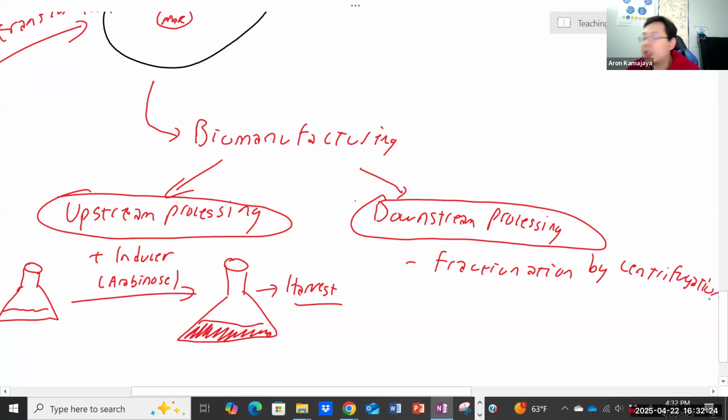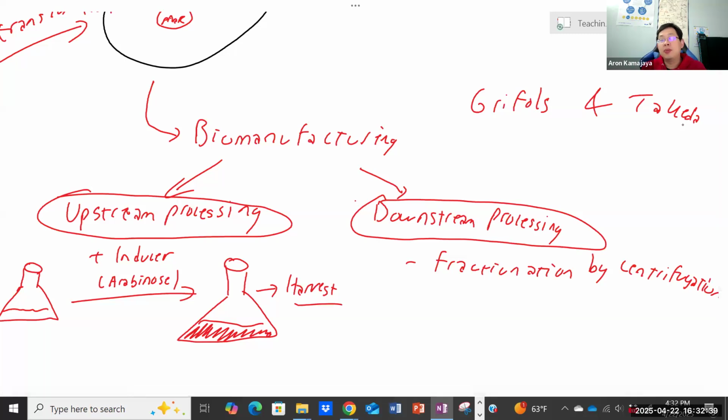So if you're talking about a company like Grifols, for example, let me just write the name of the company, Grifols or Takeda, right? You go there, they receive blood donation, so you can actually donate your blood over there to the collection center, right? They take your blood, and then they will separate your blood into red blood cells using centrifugation.